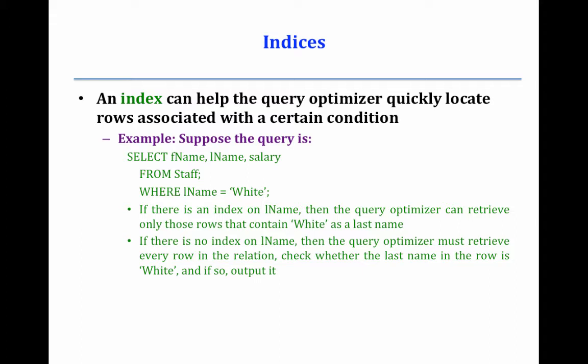Okay, and then indices, we'll get into this in a couple weeks. By putting indices on a relation, you can help the query optimizer with its decision making. So for example, you have this query where we're trying to find the salary for an employee whose last name is White.